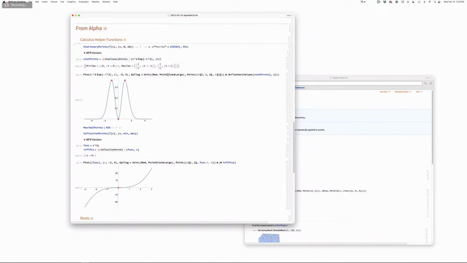Well, personally, I find it a little weird that stationary points, I would argue that the stationary points are the x values, and this is giving me a rule for the x values and the y value. I agree. I don't think it's right. Yeah, I don't think it's right.